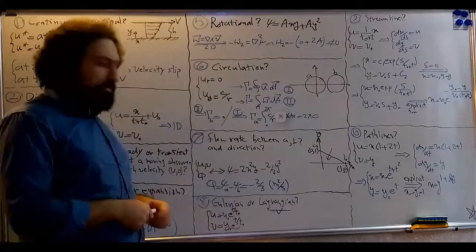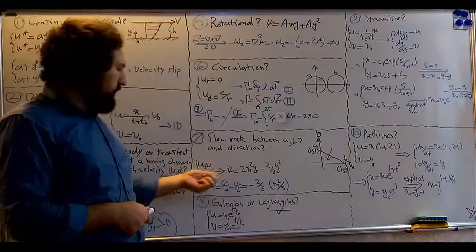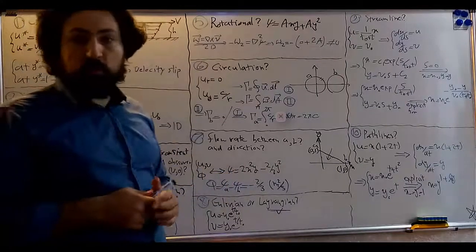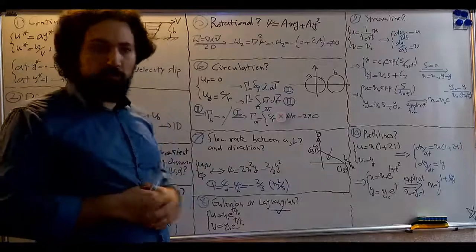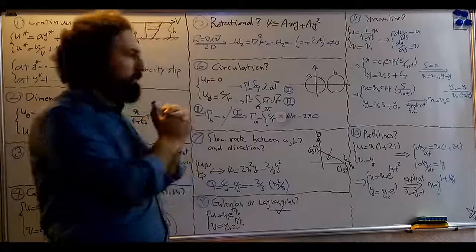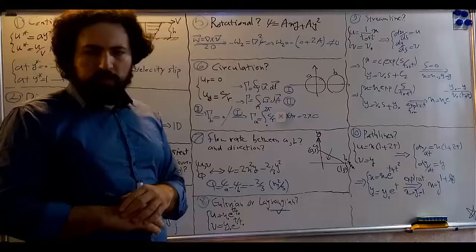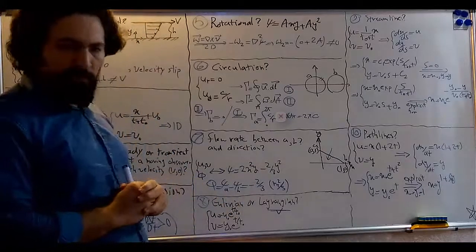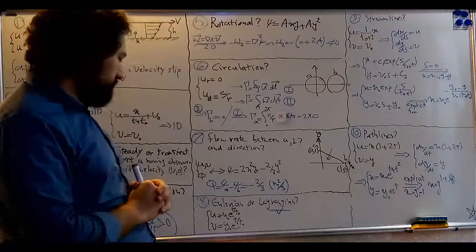If instead of the stream function, the velocity components are given, or the potential function is given, you can obtain the stream function, and then again repeat the solution procedure to find the volumetric flow rates.